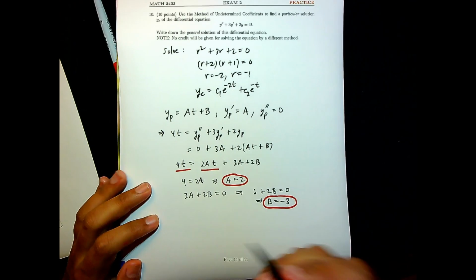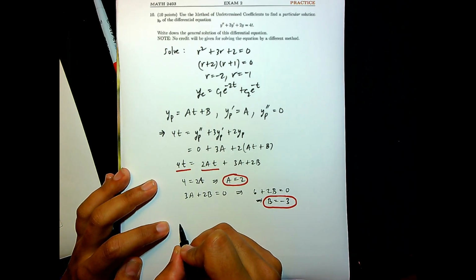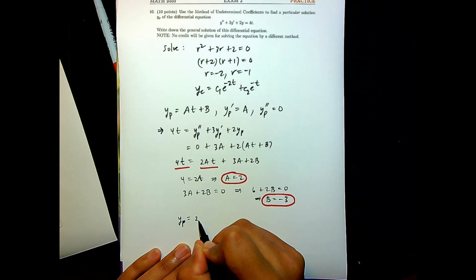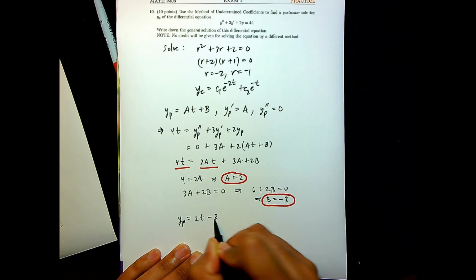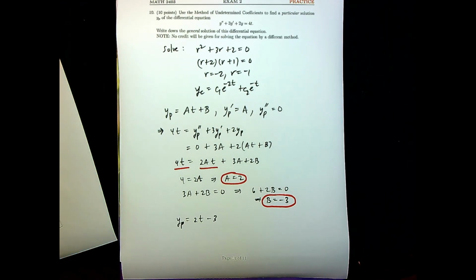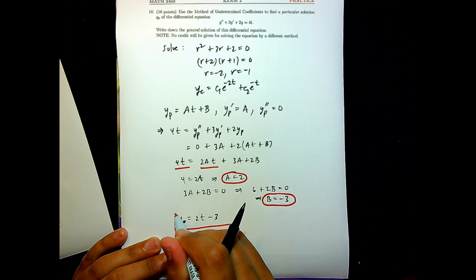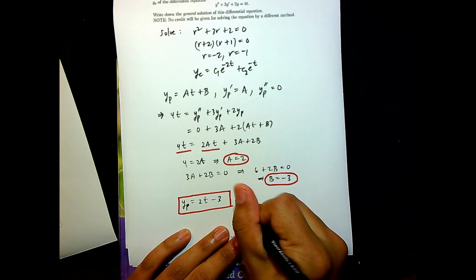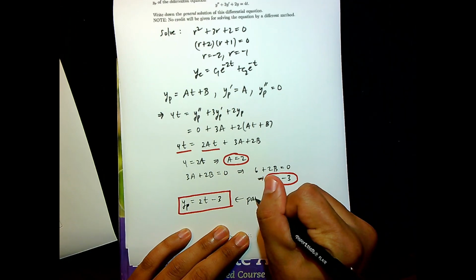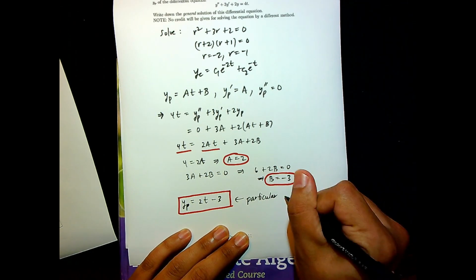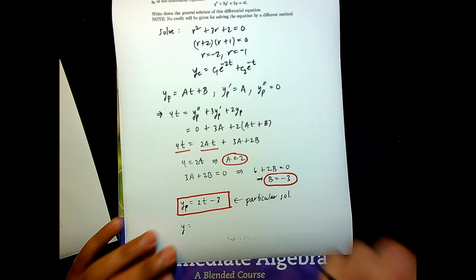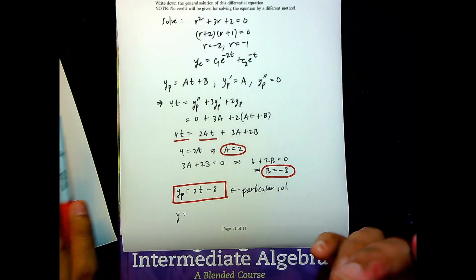Alright, and then that means a particular solution is 2t minus 3. So that's a particular solution. And then the general solution is the complementary solution plus the particular solution.